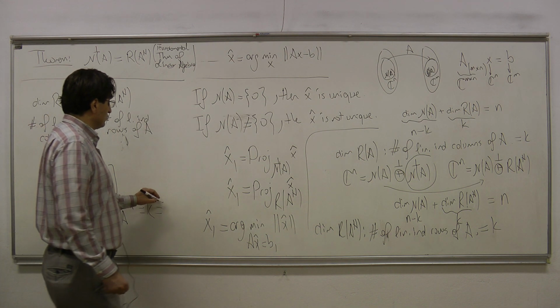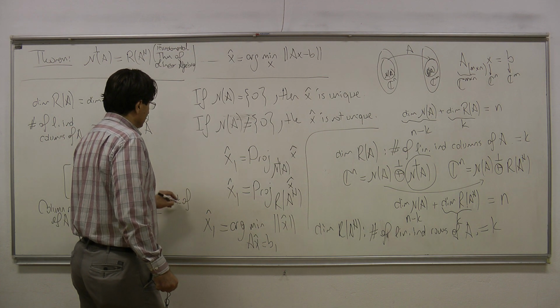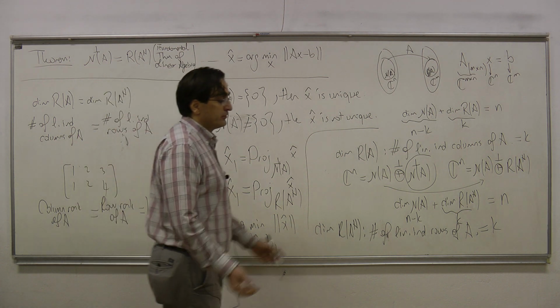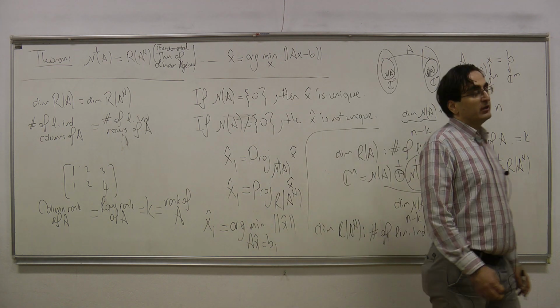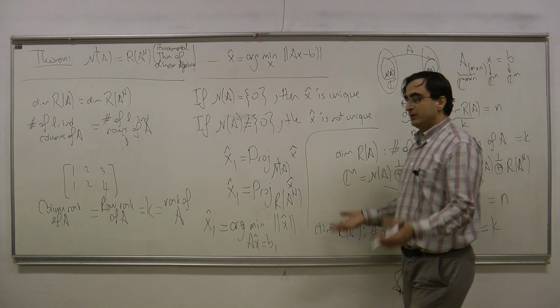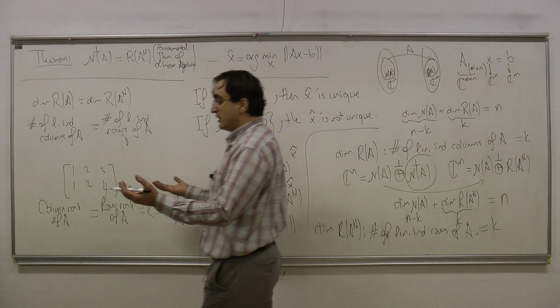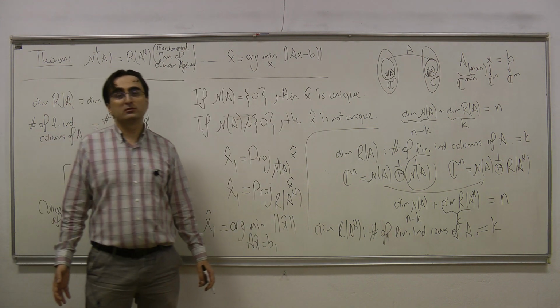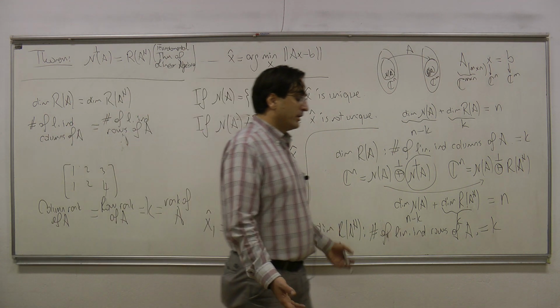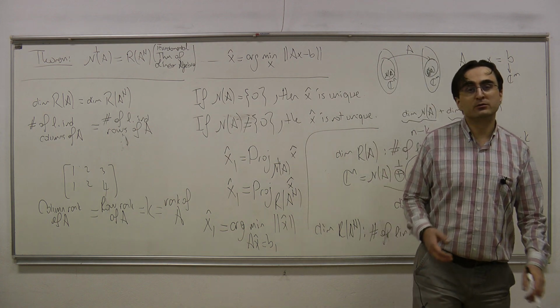We just say this to be the rank of A. Okay, so the rank of a matrix is the number of linearly independent columns or the number of linearly independent rows, which always have to be equal.